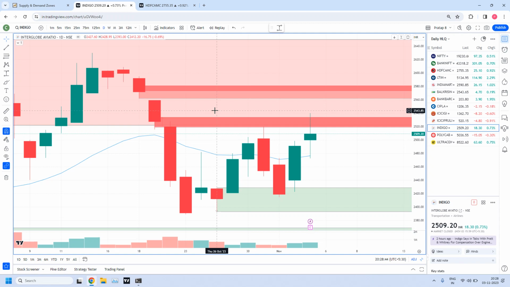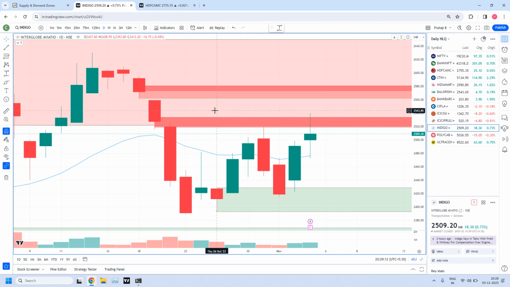Our entry time frame is one time frame below. If you want to further fine tune, one more time frame below, that is 15 minutes or 5 minutes, inside the 75 minutes. You might know the concept of zone confluence: the lower time frame zone should be inside the higher time frame zone.